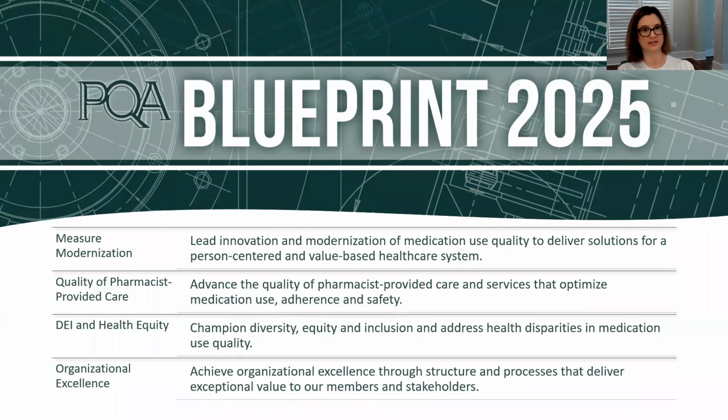As PQA pursues this goal, we seek to educate the broader healthcare community regarding opportunities to close gaps of care and improve medication use quality through the integration of pharmacists. One way that we accomplish this is through the PQA Quality Forum webinar series that you're attending today. And today specifically, you will hear from 3 pharmacists at Curator, who is a PQA member organization, and you will hear how they are impacting patient outcomes through their virtual care model that centers on pharmacist-provided care.